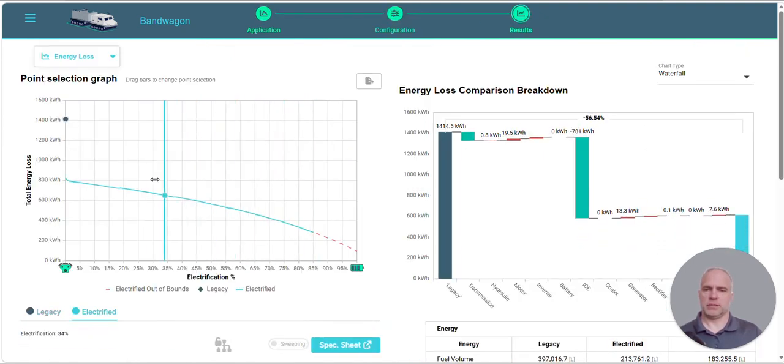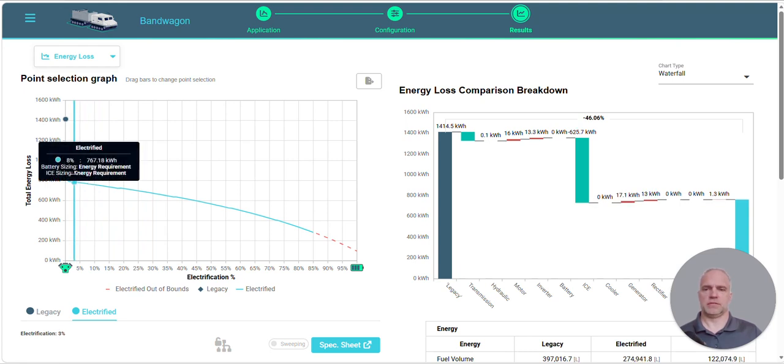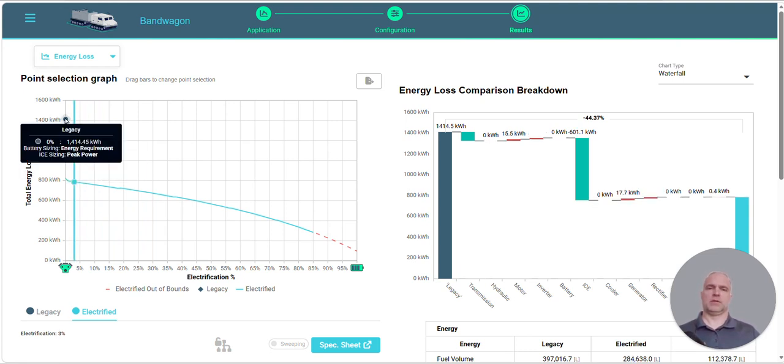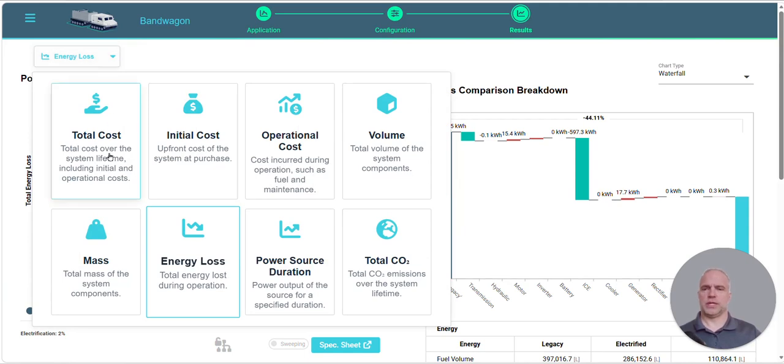A hybrid version has less losses than an ICE only, which is good, it increases the efficiency, but there still is some waste heat from the engine to provide cabin heating. So that's just one close look at the different KPIs.